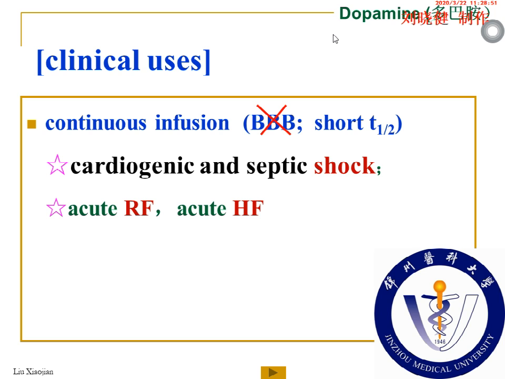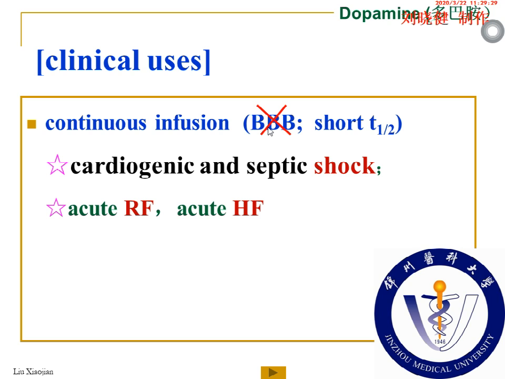So they have relatively short half-lives. So that's why, to maintain the pharmacological effect of dopamine, we administer it by continuous intravenous infusion. And catecholamines have relatively little penetration into the CNS. So they have no ability to pass across the blood-brain barrier. So dopamine mainly acts on peripheral tissue.